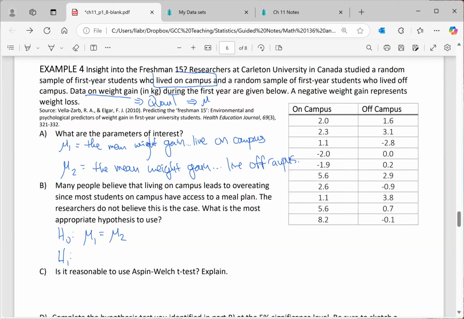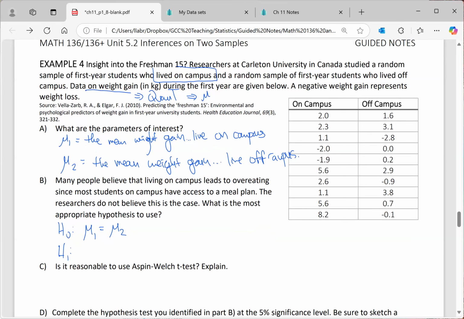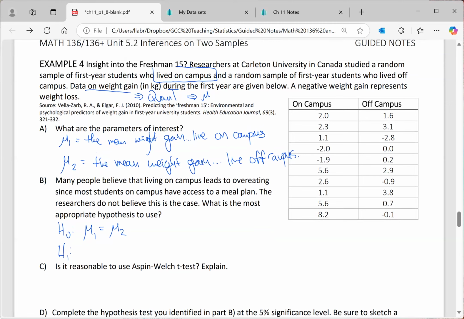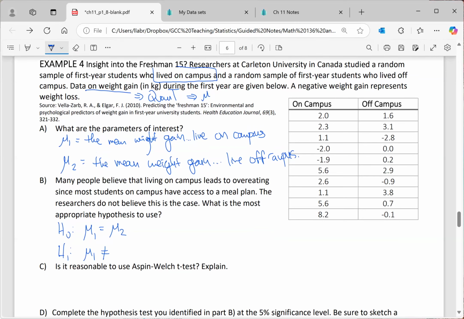So here we have two competing concepts, right? One is saying that mu2 would be larger, but the second one says the researchers don't believe that's true. So then it changes that. Because of that competing nature, I'm simply going to go ahead and say maybe the most appropriate hypothesis, because we can't seem to agree on who would have a larger weight gain, is just the hypothesis of change.